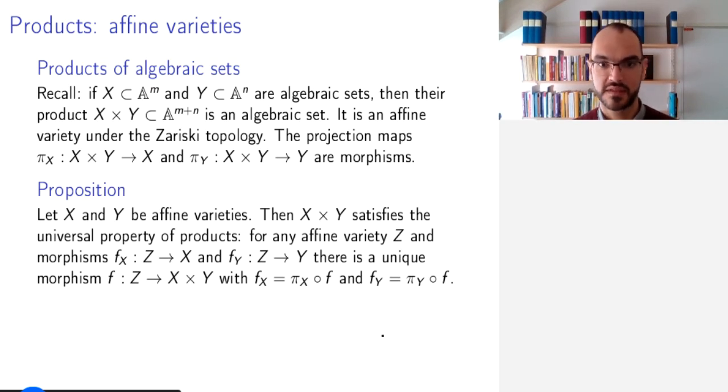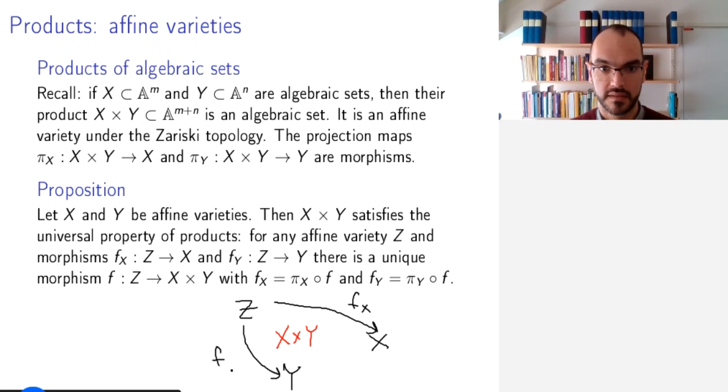In pictures, this means that if I have X here and Y here, then my product should be such that for any affine variety Z and maps f_X and f_Y, there should be a unique map f here, such that when I compose it with the projections pi_X and pi_Y, I get my original maps f_X and f_Y. So this is the universal property of a product.